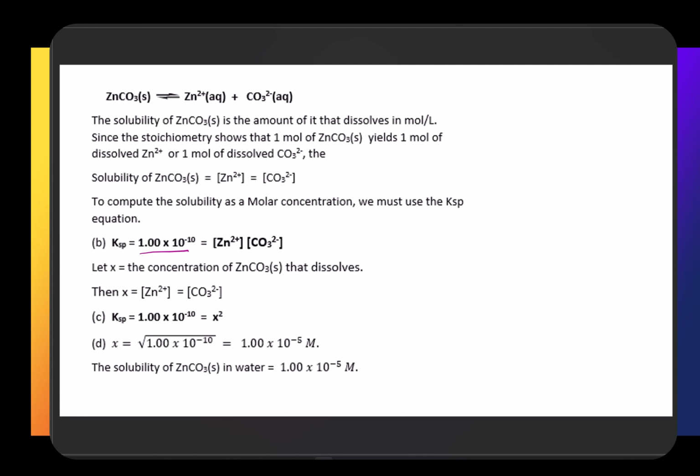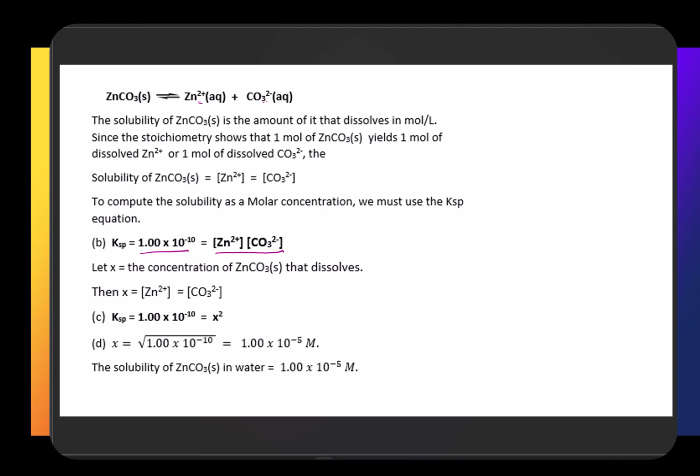To solve for the concentrations in equilibrium, we're going to reduce this 2-variable expression to 1 variable in X. So we look at the equilibrium relationship and we notice that we're going to form equal numbers of moles of the zinc and carbonate. If we form equal numbers of moles, the same stoichiometric ratio, then the concentrations will be the same as well.